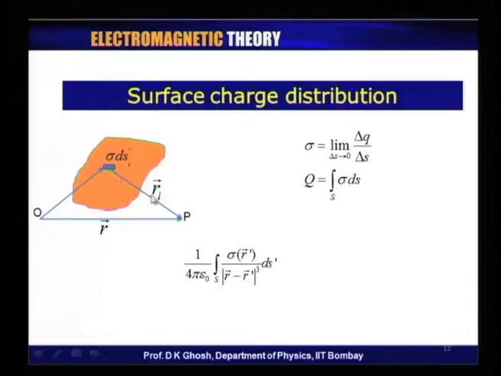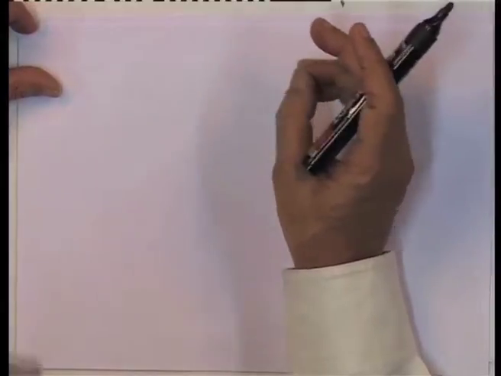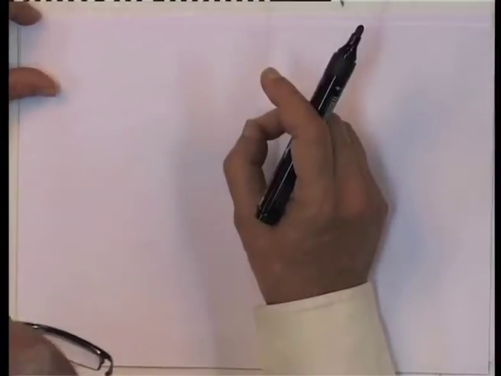Now, what I am interested in is this vector. There is a small error in the expression for the electric field given in this slide. So, let me write it down.